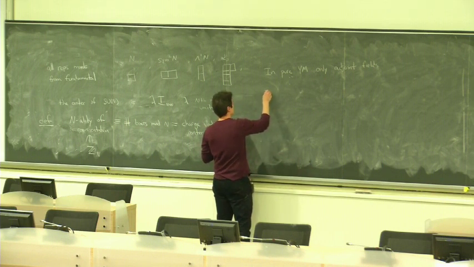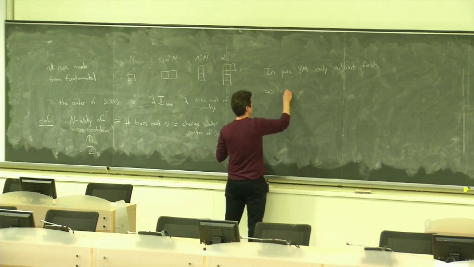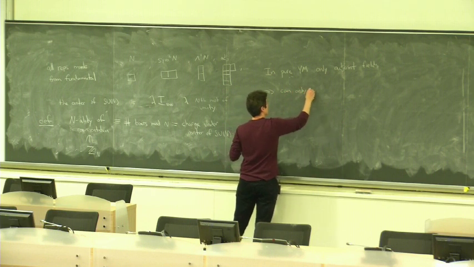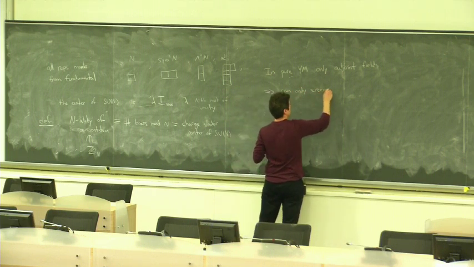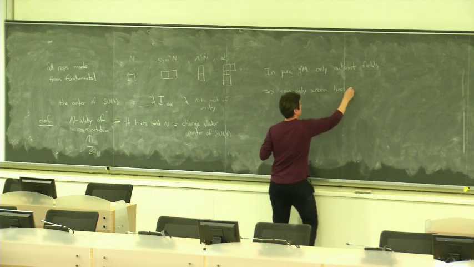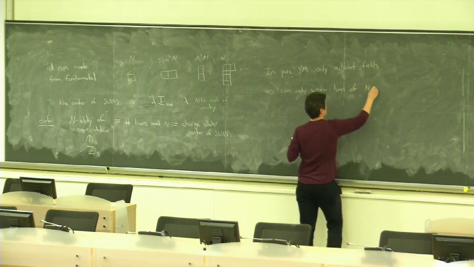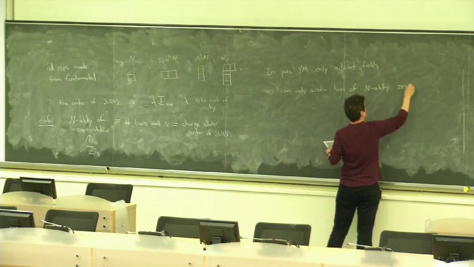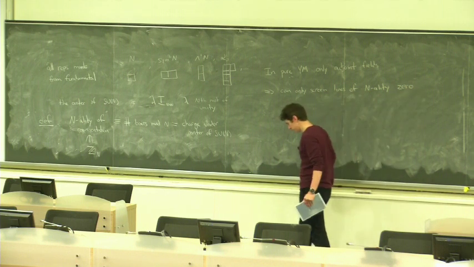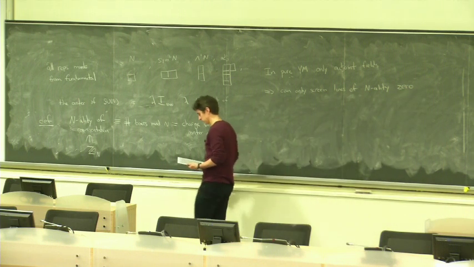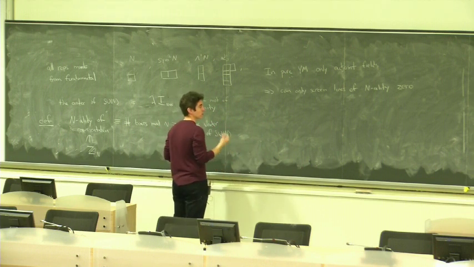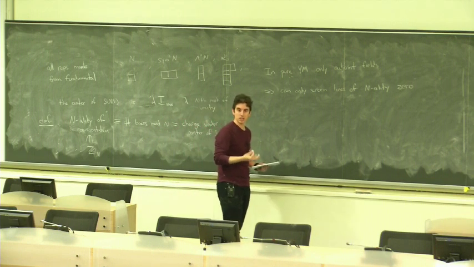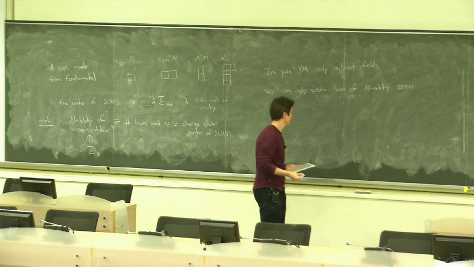So this means that we can only screen lines of n-ality 0. So therefore, there is a conserved quantum number associated to lines in SU(N) Yang-Mills.